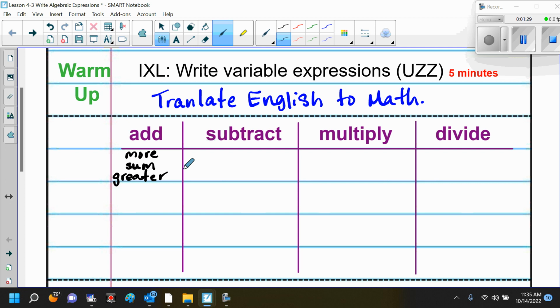Anybody else? Increased. Yeah, increased or increase. How about the total? What else you got? In all. Very good. In all.